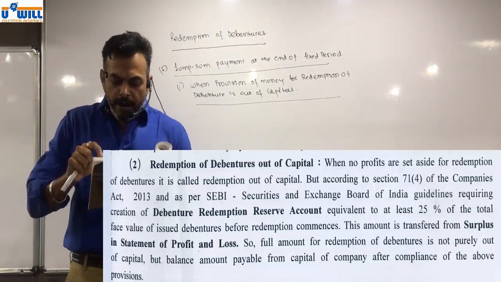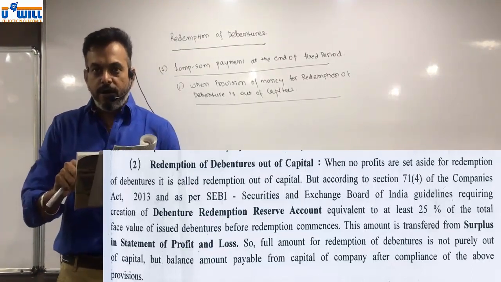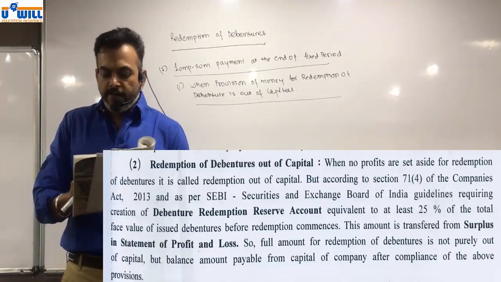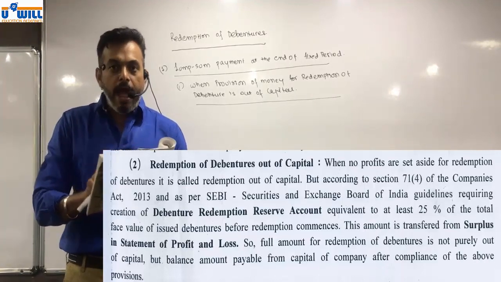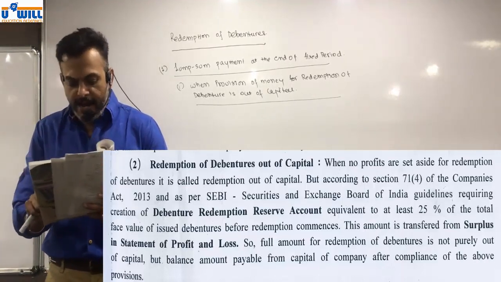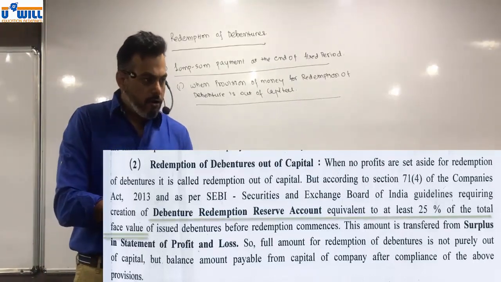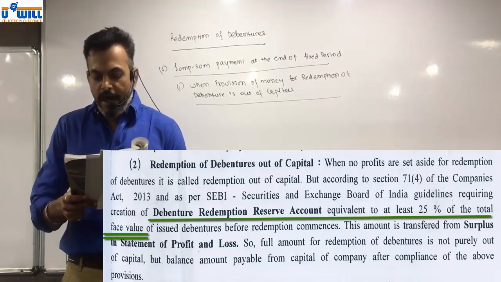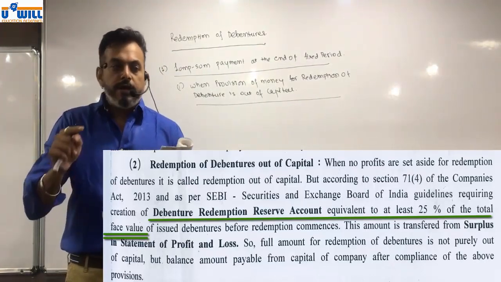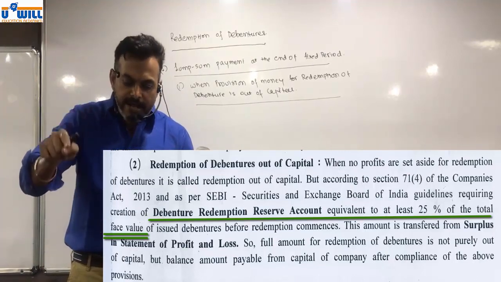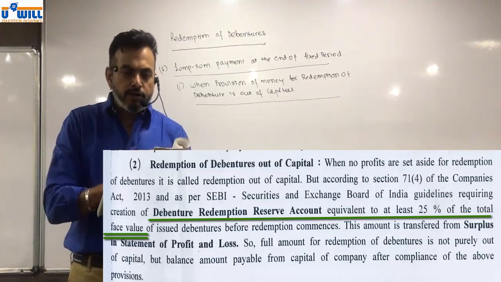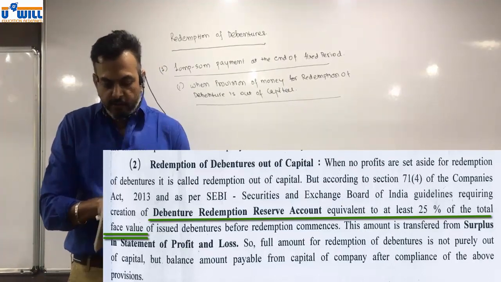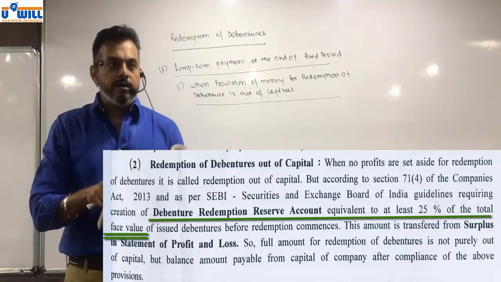Underline this. But according to section 71 subsection 4 of the Companies Act 2013 and as per SEBI, Securities and Exchange Board of India guidelines, requiring creation of debenture redemption reserve account equivalent to at least 25% of the total face value of issued debentures before redemption commences.